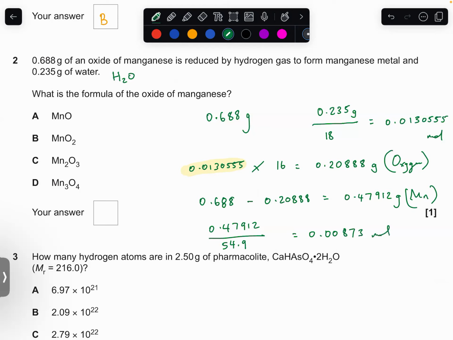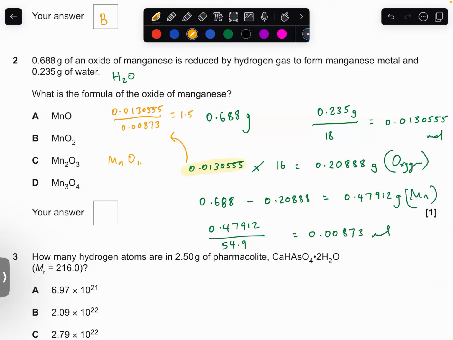And we divide both of them by their smallest number. We've got 1.5 and 1, which is the ratio of Mn and oxygen.